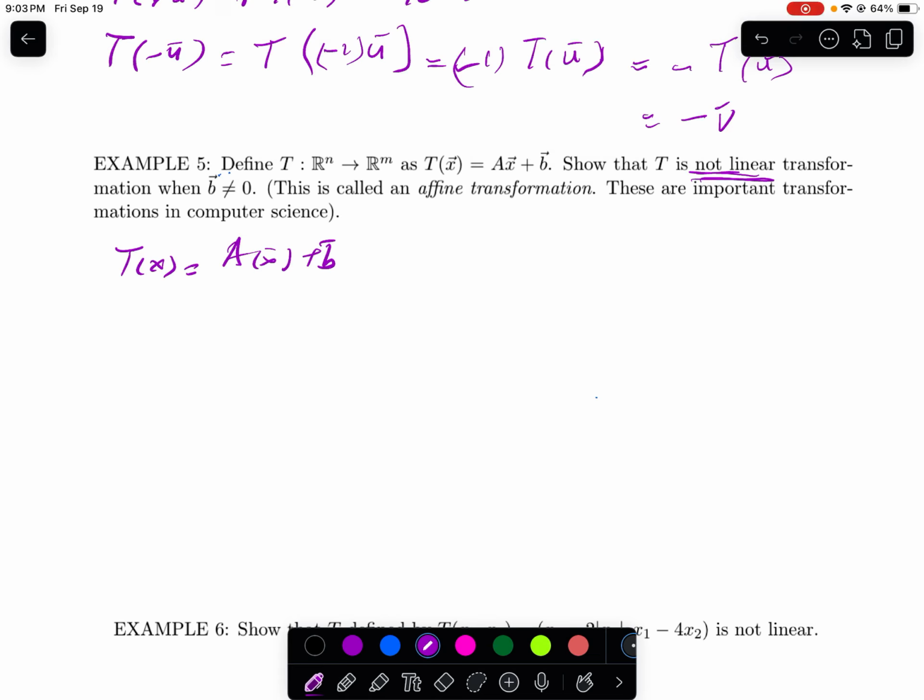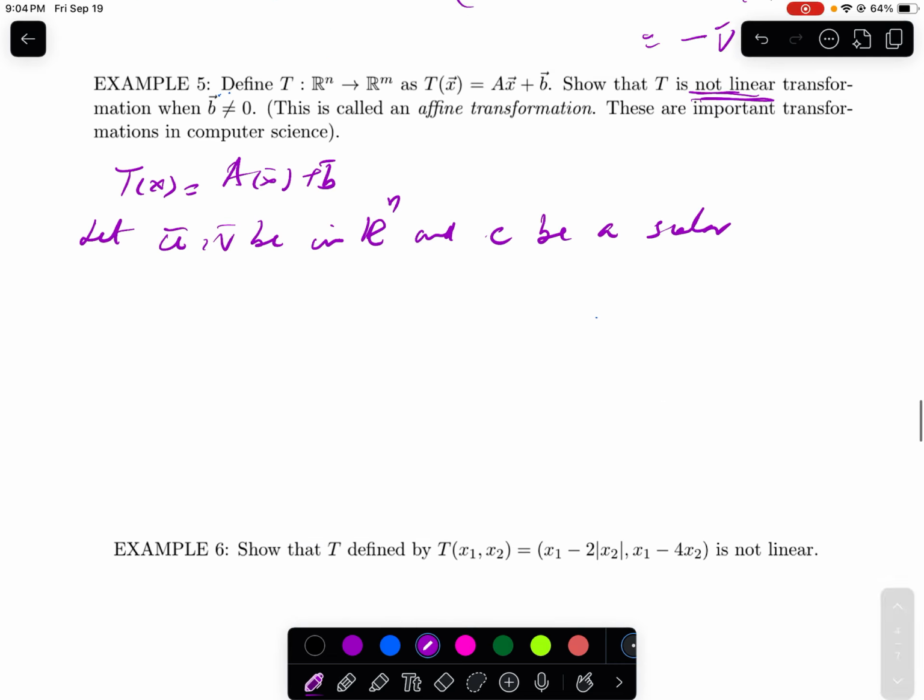Let u and v be in Rn, and let c, you can take any letter, be a scalar.